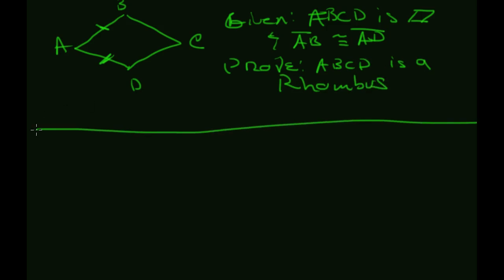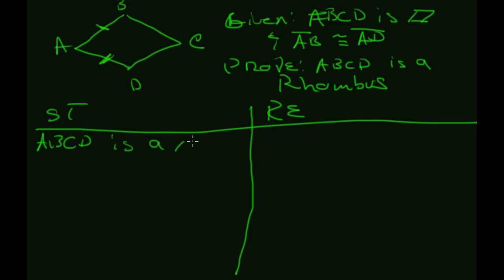Okay, so let's build this out a bit. Statements and reasons. All right, so if I know two consecutive sides are congruent, then we want to say that we have a rhombus. So let's start off with the fact that we have a parallelogram. That's given.